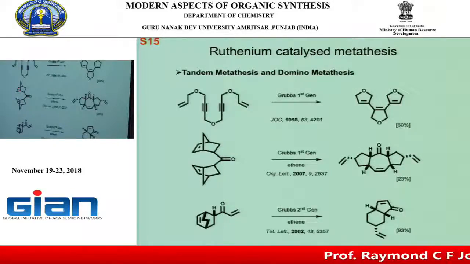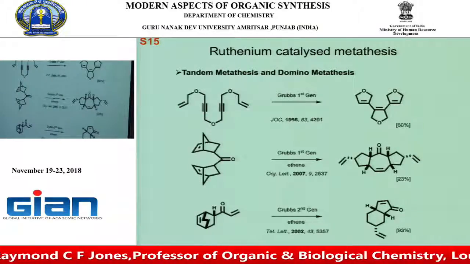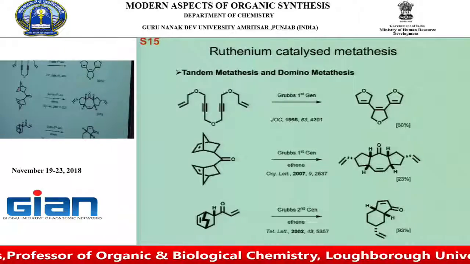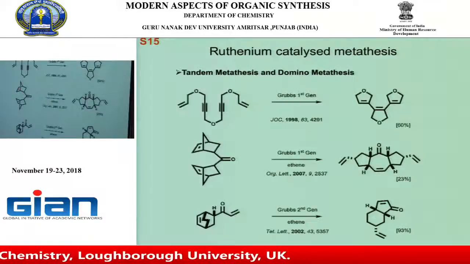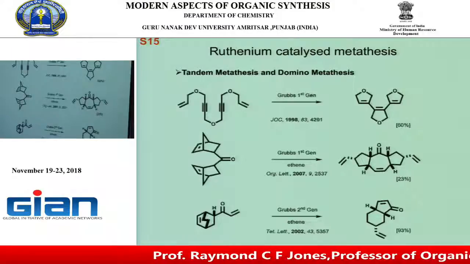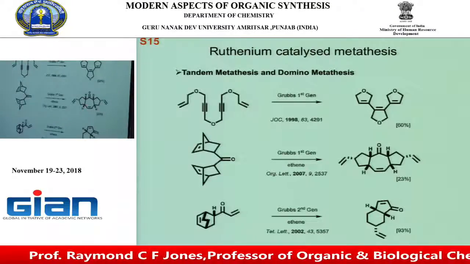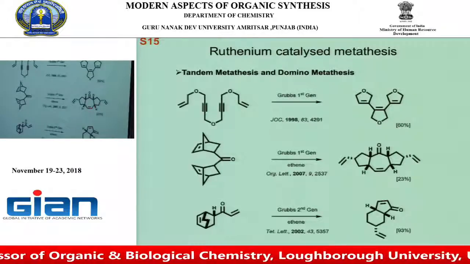This isn't an ene-yne one, but this double bond here is ring opening, and then the alkenes you get here, so you get an alkene, a vinyl group if you like, here, and they're joining together to give the double bond that's making this 7-membered ring.